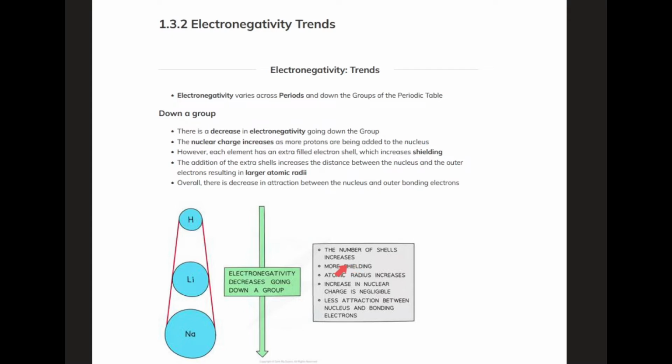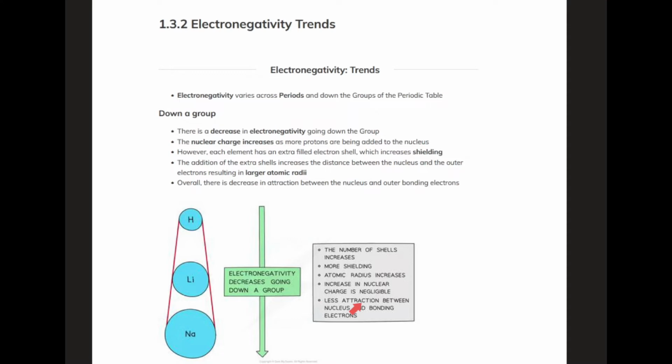This is a bigger factor, a greater factor. It affects more compared to nuclear charge. So if you have more and more shells, you have to say that shielding plays a major role here. Nuclear charge is playing just a minor role.